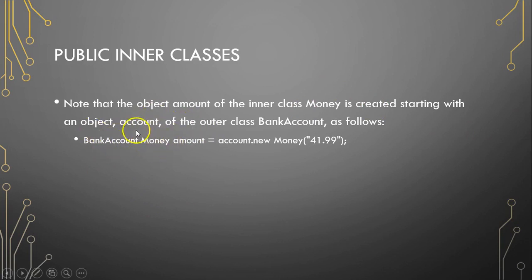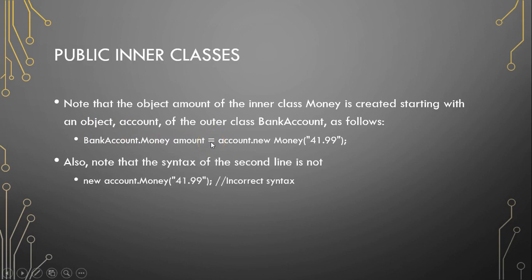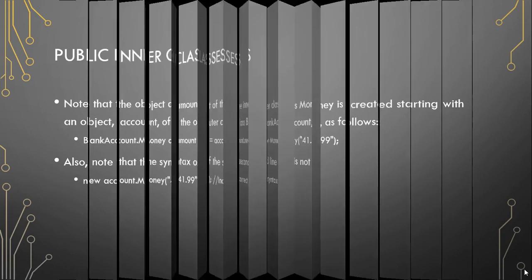So that's very important to note, that you have to use the dot here to note that this class exists within it. You also notice that the syntax of the second line is not new account.Money, it's account.new Money. All right. So it's very important that you put that piece there first, and the new modifier comes afterwards.